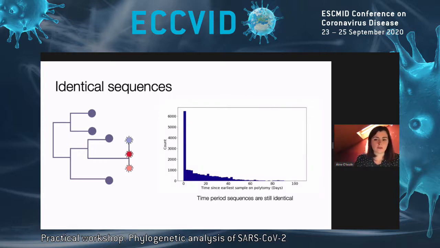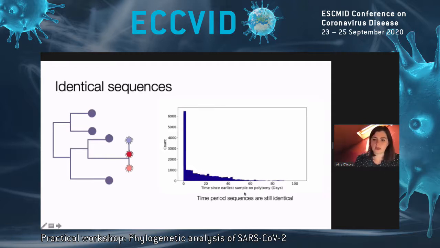and based on this tree, we would say that the sequences are identical. And the graph on the right shows an analysis from a couple of months ago where we looked at how far apart in time SARS-CoV-2 sequences can be and still be identical. So how different the sample date can be while sequences can still sit on this same polytomy.